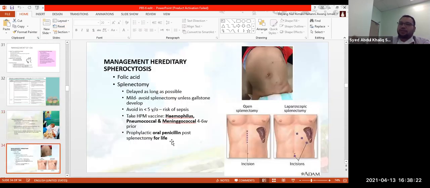Splenectomy is a huge thing. We need to prepare so many things. Make sure the patient is well, optimize the hemoglobin and so on. But the main thing we need to prepare is vaccination.